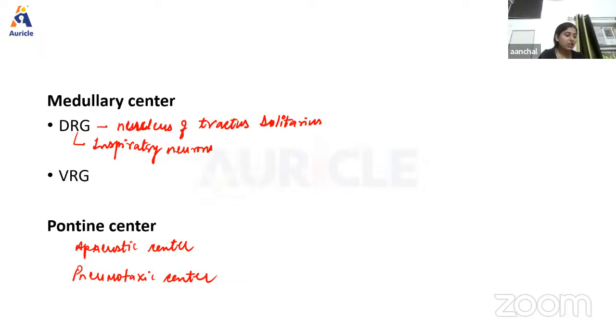So VRG is the ventral respiratory group of neurons, which is situated in nucleus ambiguus and nucleus retroambiguus.